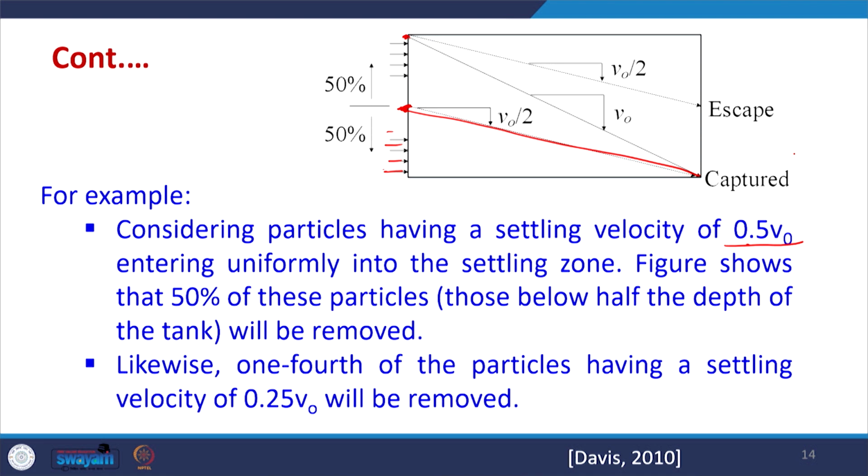The figure shows that 50% of those particles, those below half the depth of the tank, will be removed. Likewise, 1/4 of the particles having a settling velocity of 0.25 V0 will also be captured. So, all the particles above a certain size will be 100% captured, and below that size also the particles will be captured depending upon the position at which they are entering.